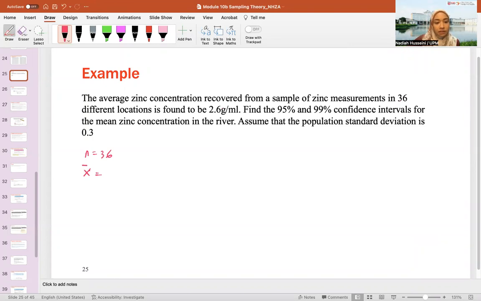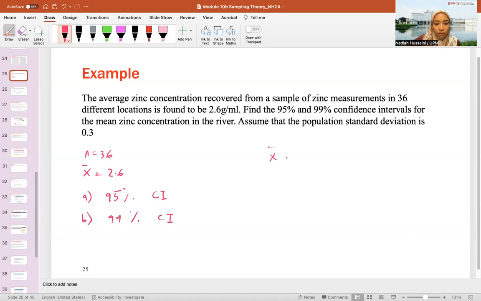We know that this is a sample mean and it is not the population mean, right? So this is going to be 2.6. Find the 95% and 99% confidence intervals. So we have two questions here. We need to find the 95% confidence interval, CI, and also the 99% CI for the mean zinc concentration in the river.